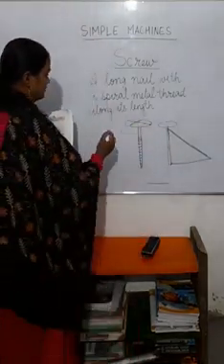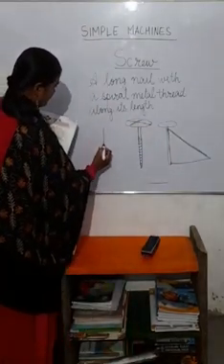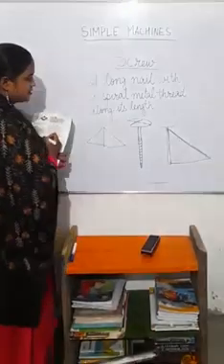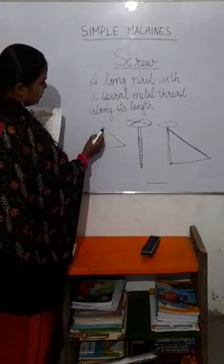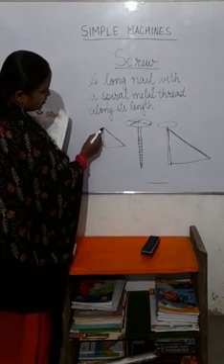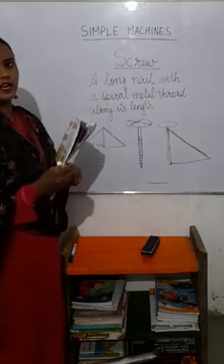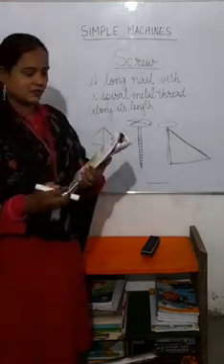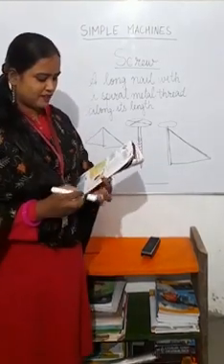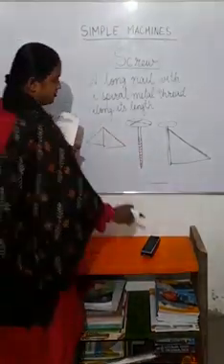For example, in this case what we have done, we have put two inclined planes back to back, and in this way we got a wedge shape, as you can see here.